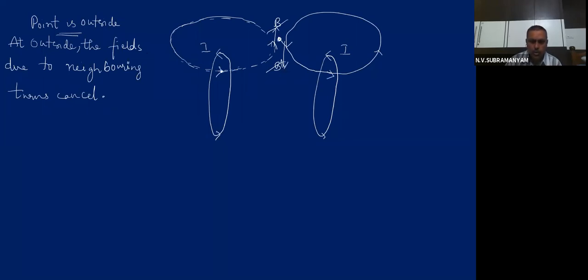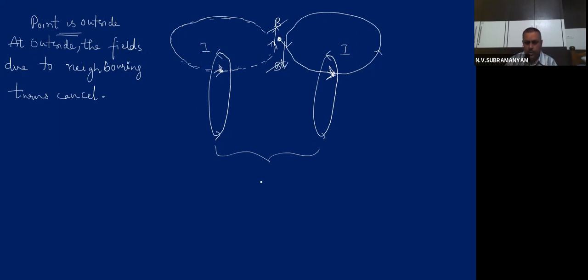Then what about the point inside? If the point is inside, the field is going to be in the same direction for this one and this one. Now I am showing that these loops are far away from each other. But if I start bringing the loops very close to each other, then what happens, children?